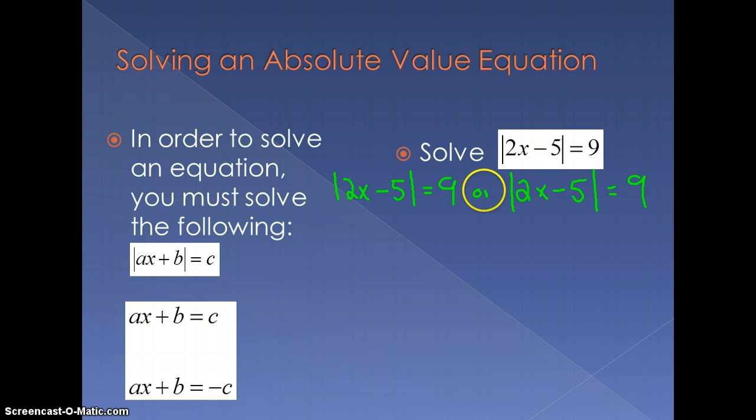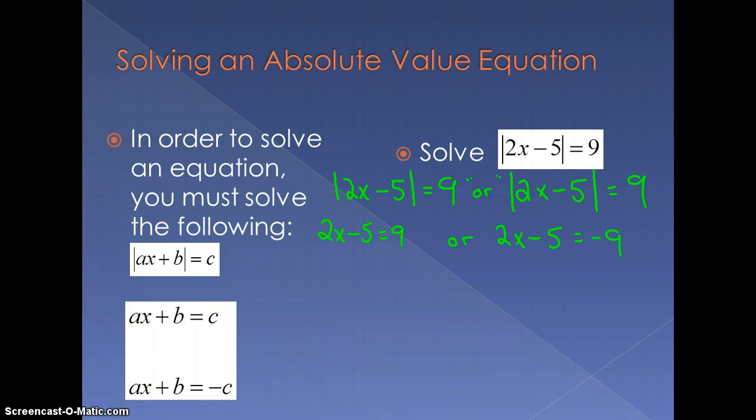And we'll separate them by the word or. Okay? So we think that the expression inside is positive here, 2x minus 5 equals positive 9, or that expression on the inside, 2x minus 5, is negative 9. Those are the 2 equations that we will need to solve.